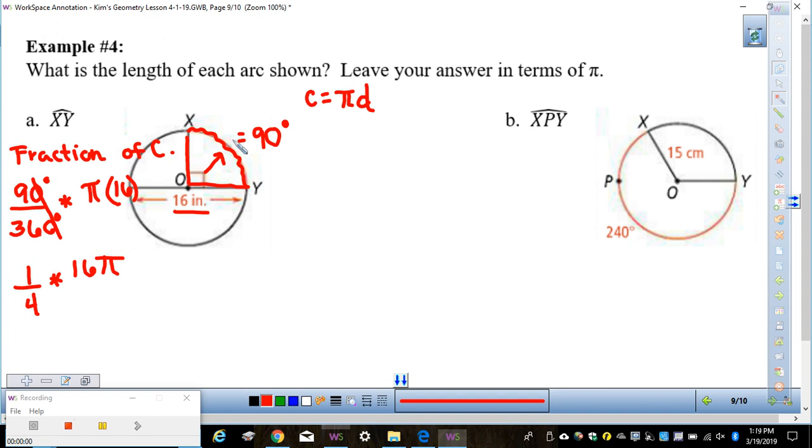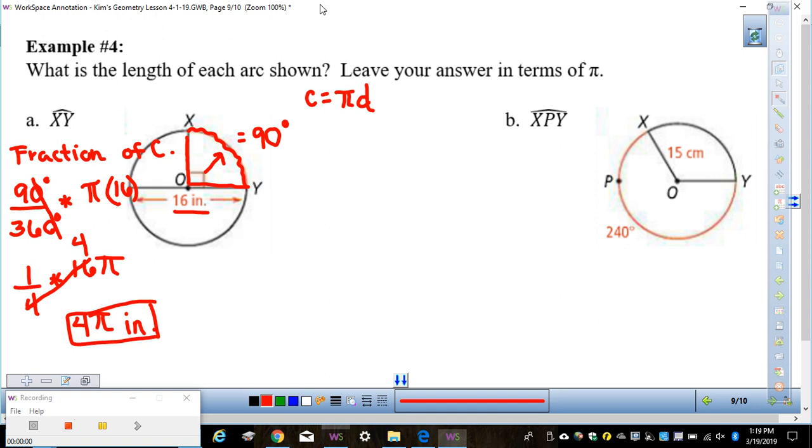So if I asked for the distance all the way around this circle, my answer would be 16 pi. But in this case, I'm looking at 1/4 of that, and we know that 4 divides into 16 4 times. So my final answer is 4 pi inches.